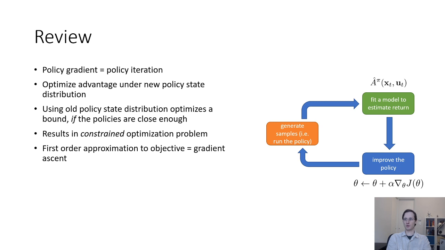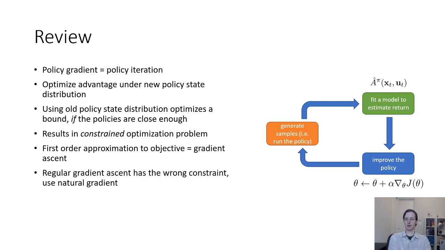or you can impose the constraint approximately by doing a first-order approximation of the objective, which gives you gradient ascent, but regular gradient ascent has the wrong constraint, so you use natural gradient, which gives you an approximation to the KL divergence constraint. So to summarize, regular policy gradient is a constrained procedure, but it has the wrong constraint.